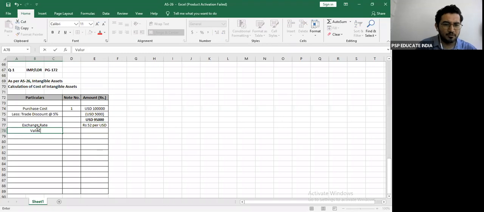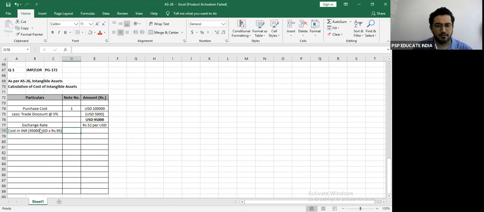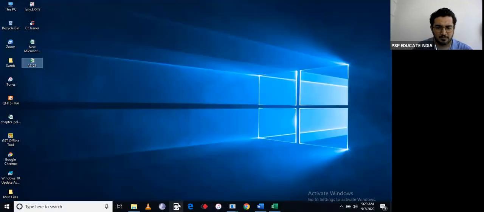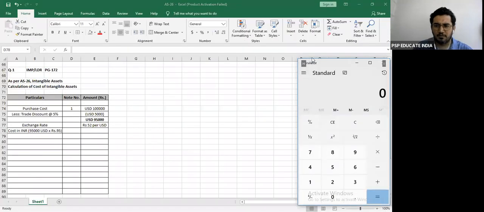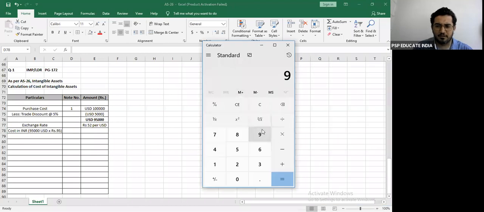Value, or you can say cost, in INR will be 95,000 USD into rupees 52. Calculate that. 95,000 into 52.